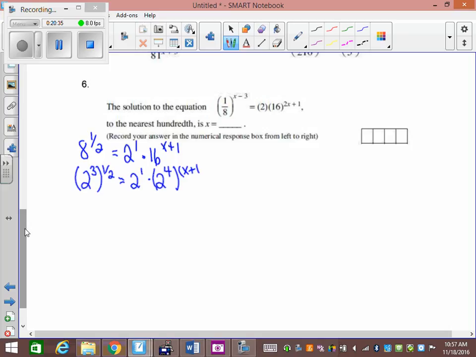To the x plus 1. So I get 2 to the 3 halves equals 2 to the 1 times 2 to the 4x plus 4.